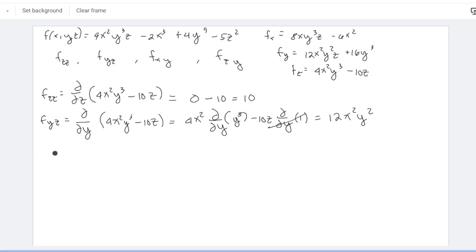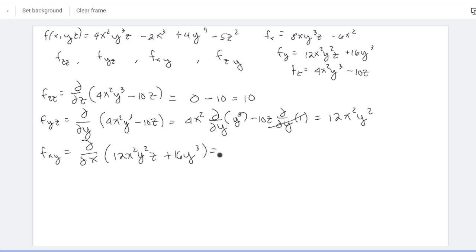Okay, and then next, fxy. So the partial derivative with respect to x of our fy, which was 12x squared y squared z plus 16y cubed.